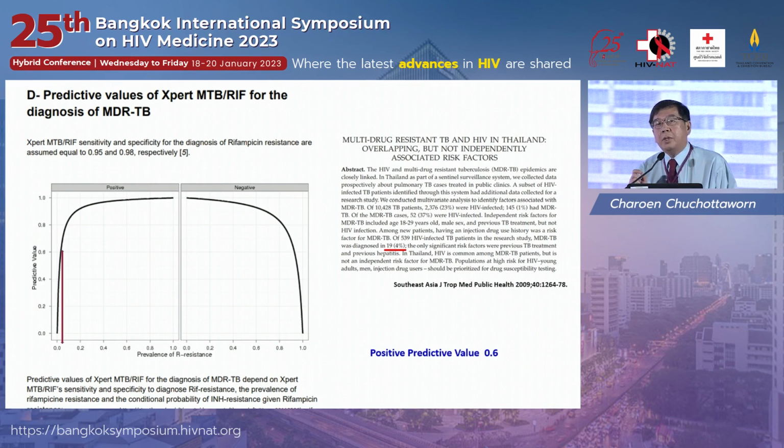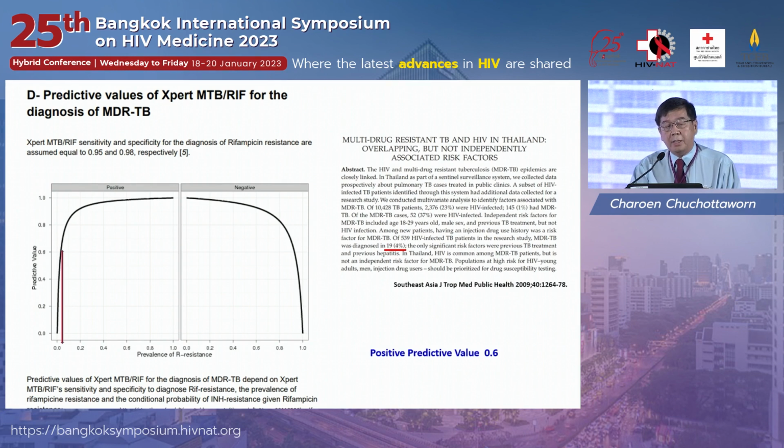I show this slide because I want to remind you, for example, that in Thailand we have 4% MDR in newly diagnosed TB patients. And when you look at this graph, with a 4% prevalence of MDR, you get a positive predictive value of 60 to 70%. So it means that you have lots of false positive drug-resistant results.